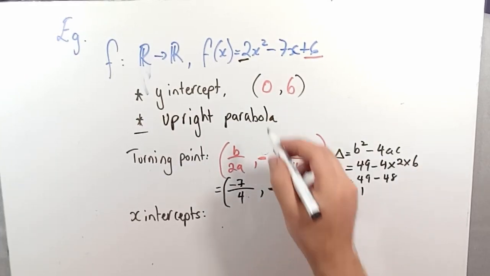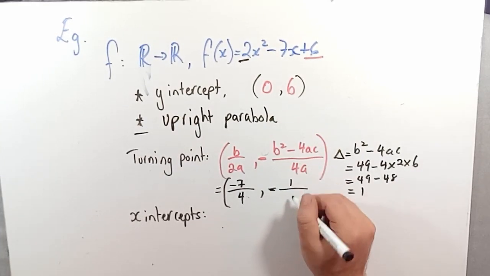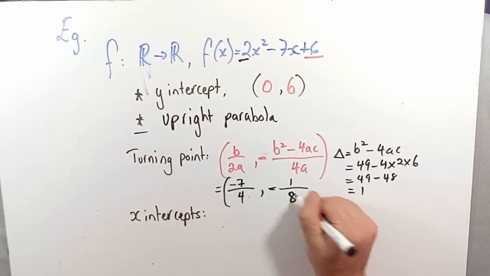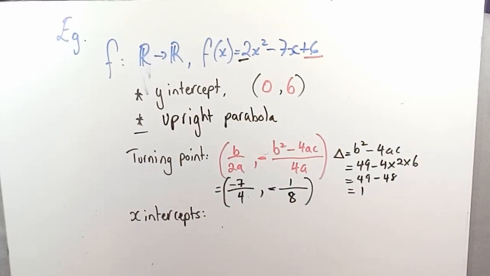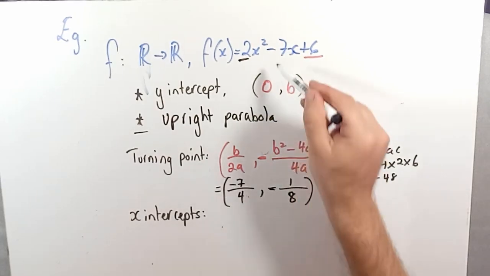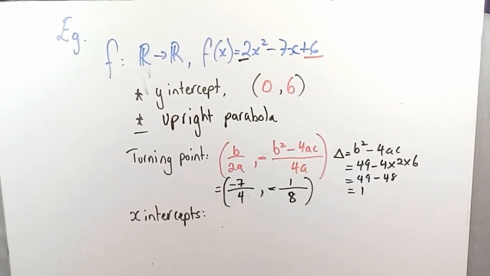Negative 1 over 4a. So 4 times 2 is 8. There we go, we've got the turning point. Wonderful. Negative 1, 8. Now, did I make a mistake? I think that's right. I'm just making sure. Yep, negative there, that seems to be right. I think I just made a mistake in my notes.